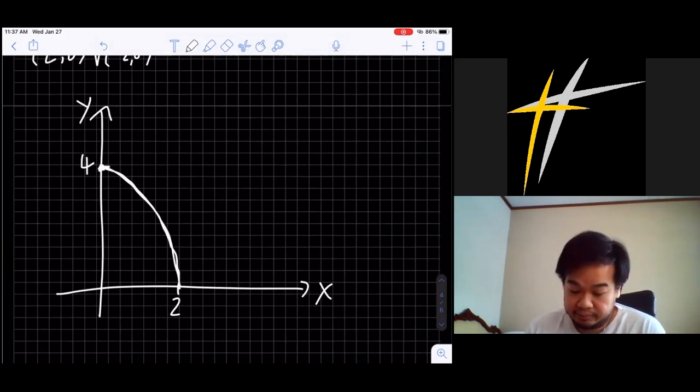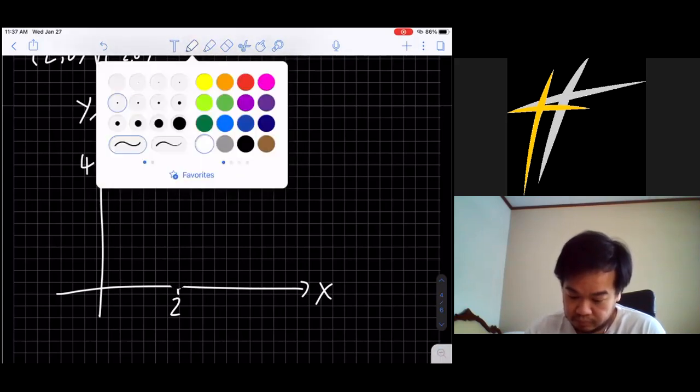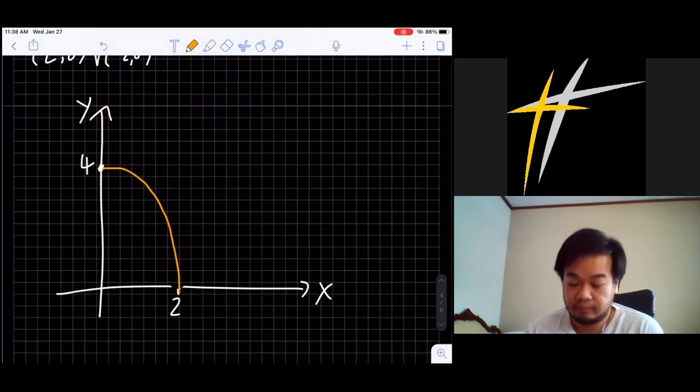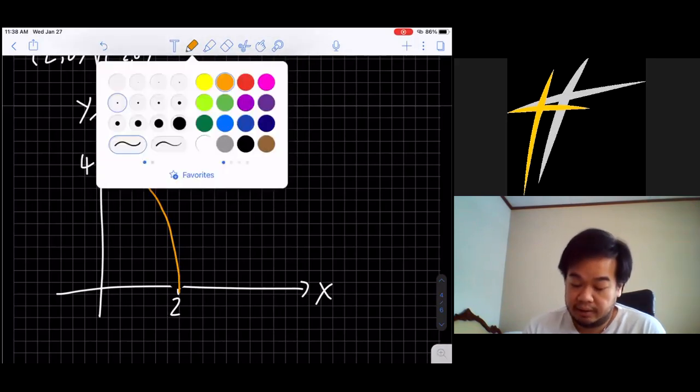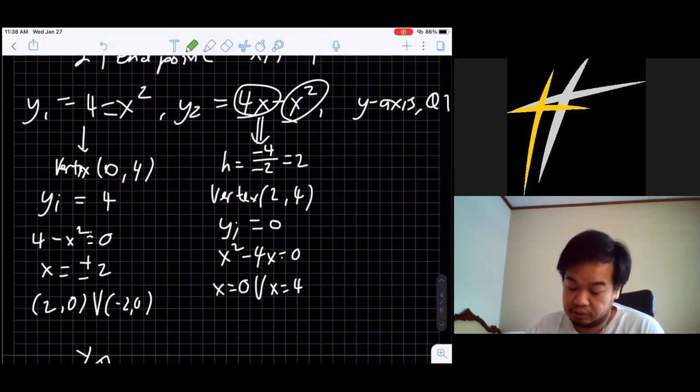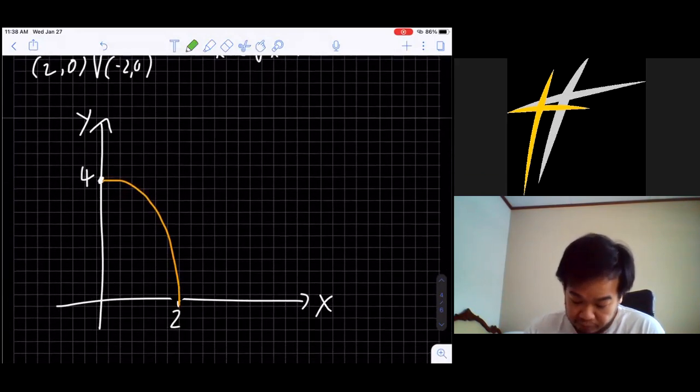And then, let me draw it with a different color so it's easier to be seen later. So this is your first quadratic function. And then the second one, the vertex is 2, 4. So this is your vertex.